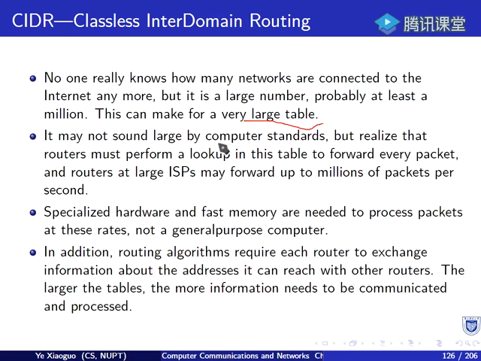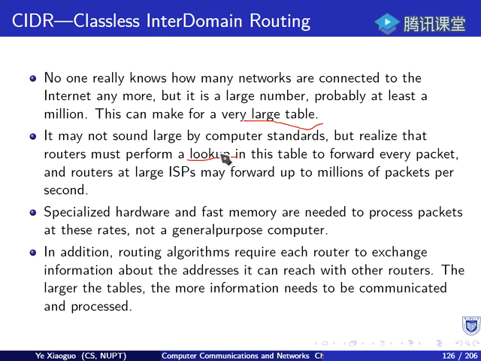It may not sound large by computer standards, but realize that routers must perform a lookup in this table to forward every packet. And routers at large ISPs may forward up to millions of packets per second.